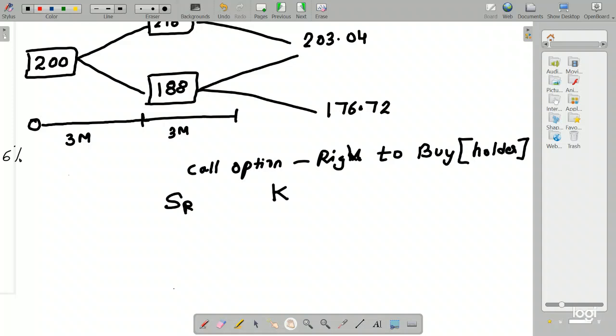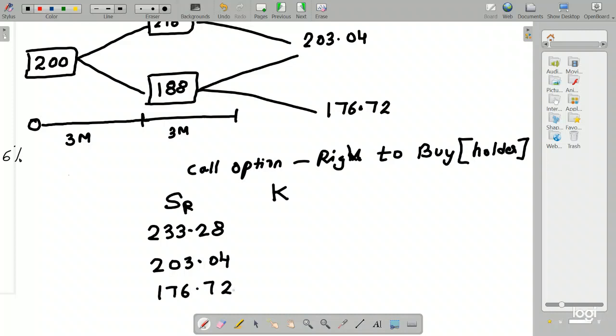So suppose we are after 6 months, we have a lot of possibilities of the price, and we are going to start first with 233.28. Another price that you have is 203.04. Another possibility is 176.72.